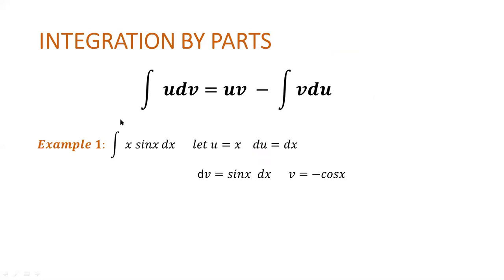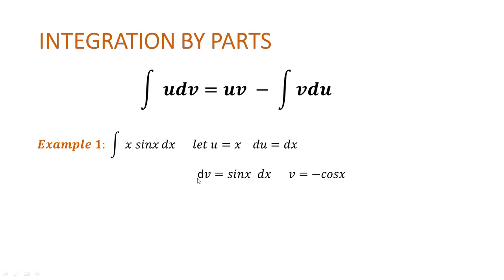If you have a product of different functions, like algebraic and exponential, like x e raised to x, or algebraic and logarithmic, like x ln of x, a product of two different expressions, we always suggest you use integration by parts.